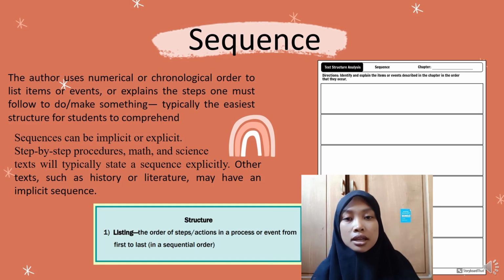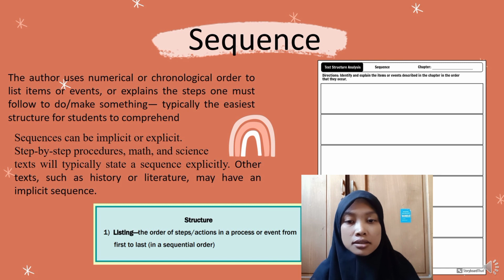The last type is sequence. The authors use numerical or chronological order to list items or events, or explain the steps one must follow to do or make something. Typically, it is the easiest structure for students to comprehend. The sequence can be implicit or explicit, a step-by-step procedure.